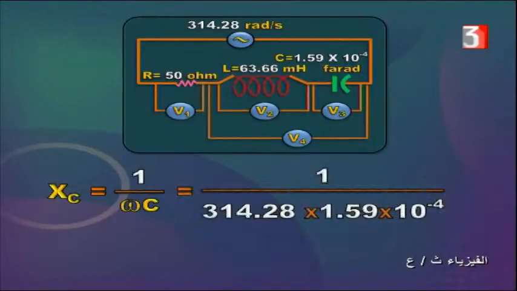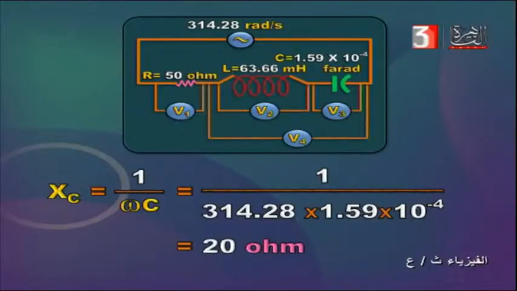So it is 1 over 314.28 times 1.59 times 10 power negative 4. It will be also 20. When XL equals XC, we've got a resonance state. And what about the resonance state?